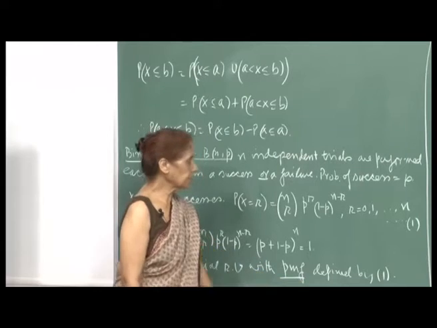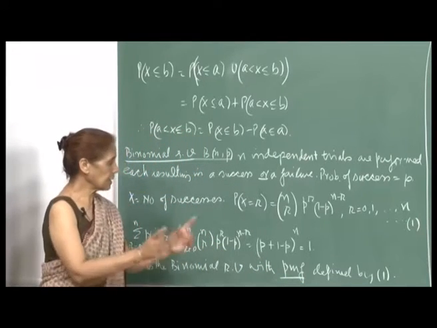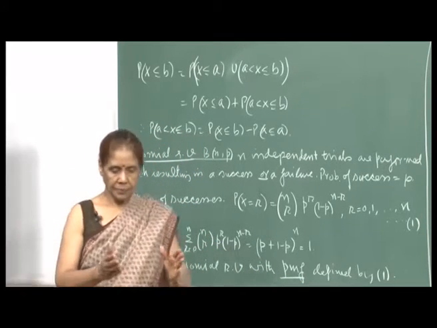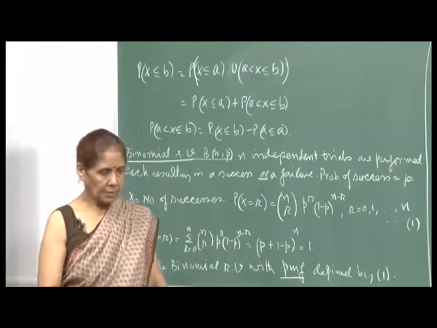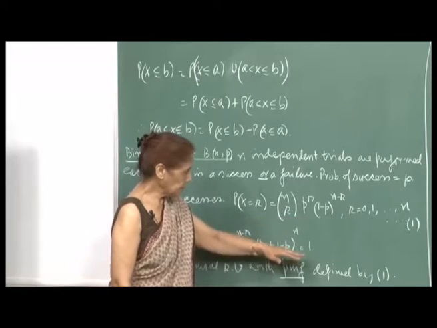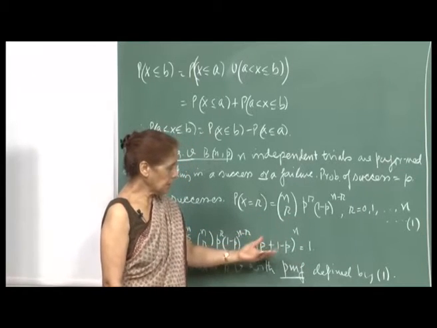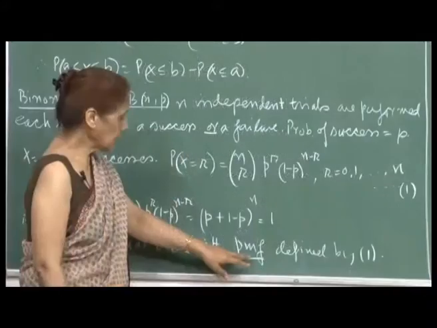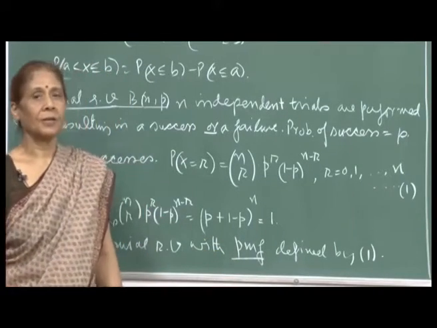And when we talk of a continuous random variable, that means when the random variable can take all possible values in an interval, then the function which describes the probabilities of the random variable is known as the probability density function.